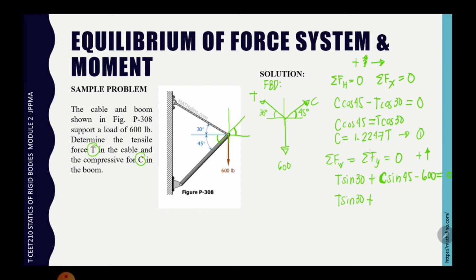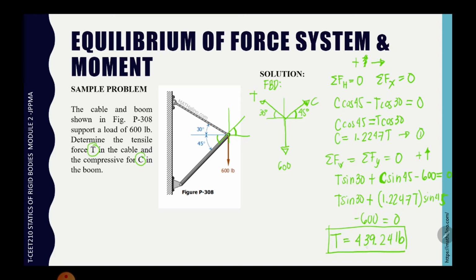Since C is equal to 1.2247 T times sine 45 minus 600 equals 0. So, to solve, makukuha natin si T is equal to 439.24 pounds. Ayan. And that's the answer for letter T.